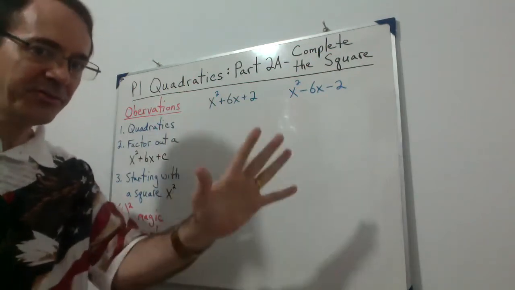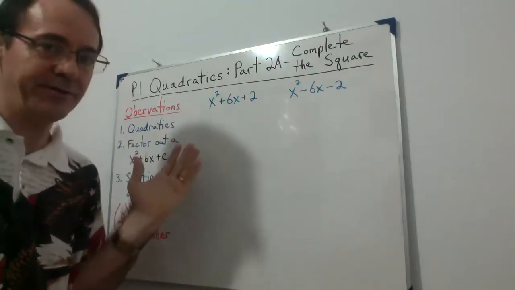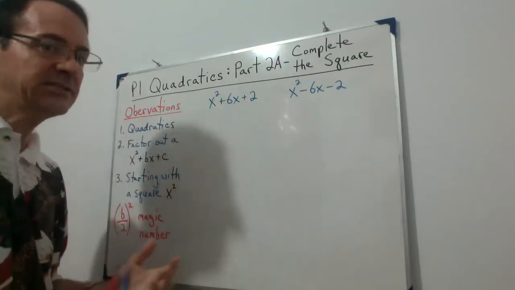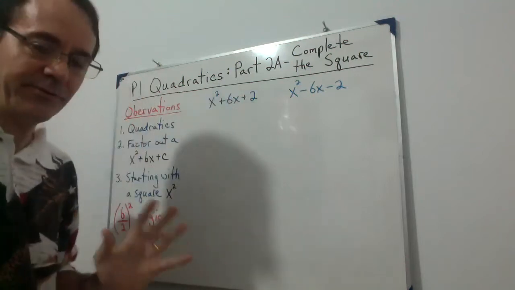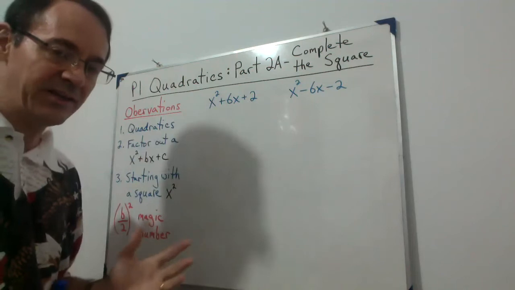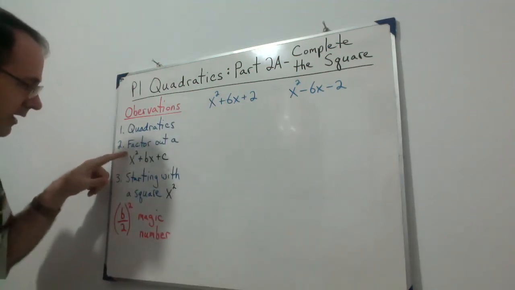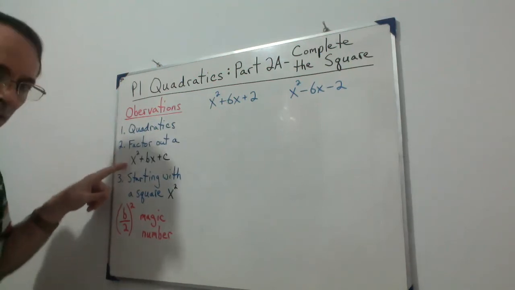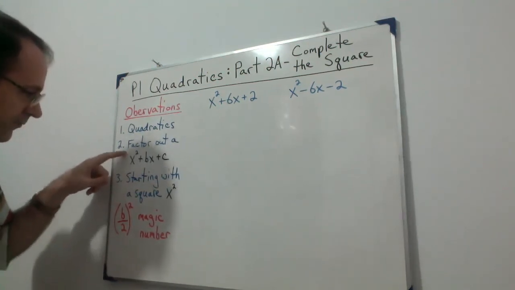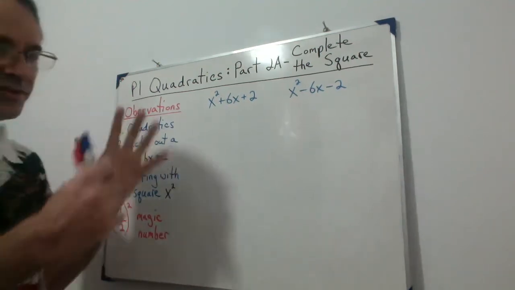Now, in the skills part, in Part 2B, I'll show you how to get rid of that number. But for the concepts part, we'll just get rid of it from the beginning, because that's more of a skills than it is a concept issue. So we're going to start with a lead coefficient of 1. The lead coefficient is your front coefficient, and we want it to be a 1 for this completing the square.